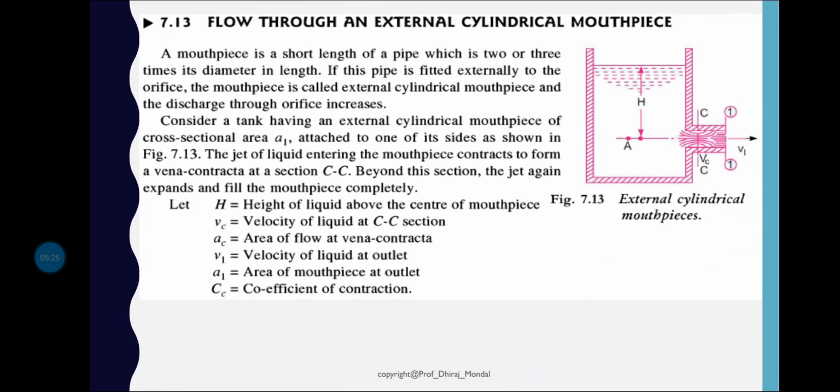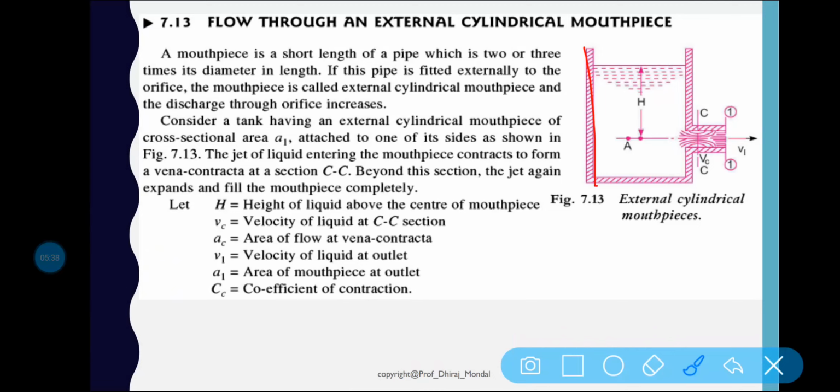Now first of all, let us discuss the flow through an external cylindrical mouthpiece, and how we can calculate the discharge. In this diagram you can see this is a tank, and from the center point of the mouthpiece to the free surface of the water is your height h.